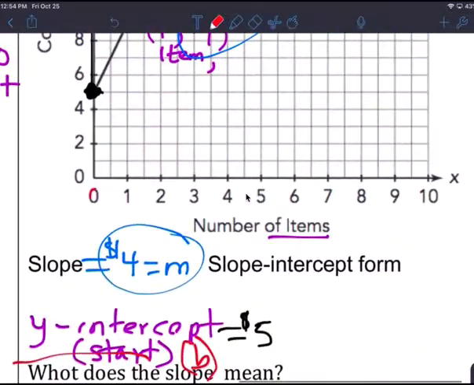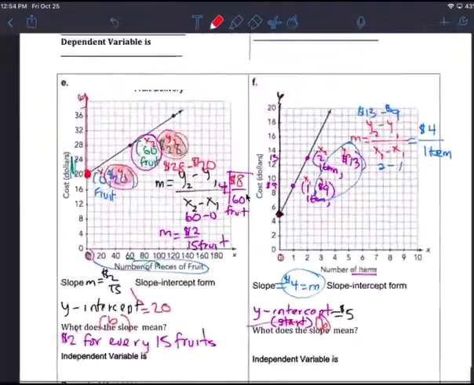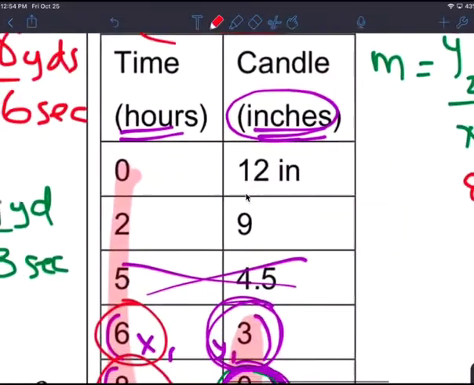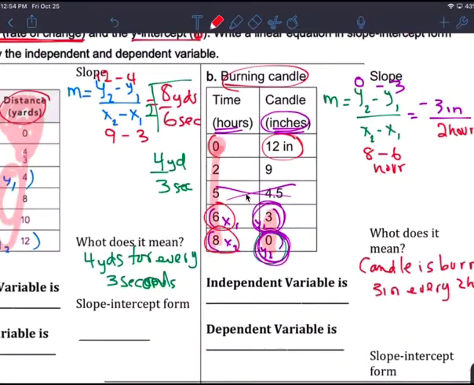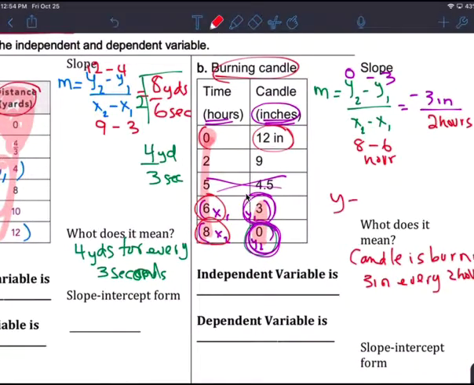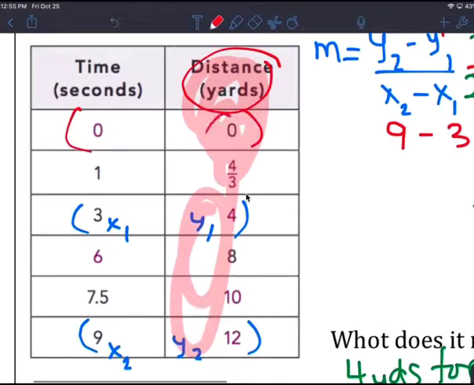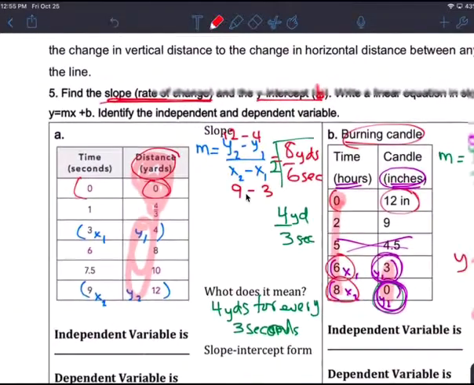X here is 0 and 5. Okay. So when you get a table, you need to find where x is 0. So here's where x is 0 right here. So the y-intercept is 12. So the y-intercept here, please write y-intercept, is 12. Okay, the y-intercept is where x is 0, so this is the y-intercept. Y-intercept is 0.